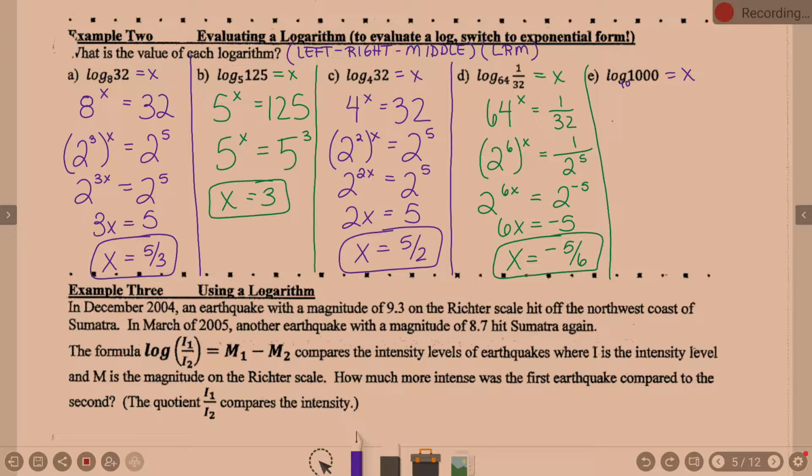There's no base written in. It's the word log. It's base 10. So I can rewrite this as 10 to the x equals 1,000. Now, you're not going to find 1,000 on that gold paper. Okay? But this is where we have to kind of think about what we know. And I think it will make sense to you. But what do you know about 1,000? It's a 1 with 3 zeros.